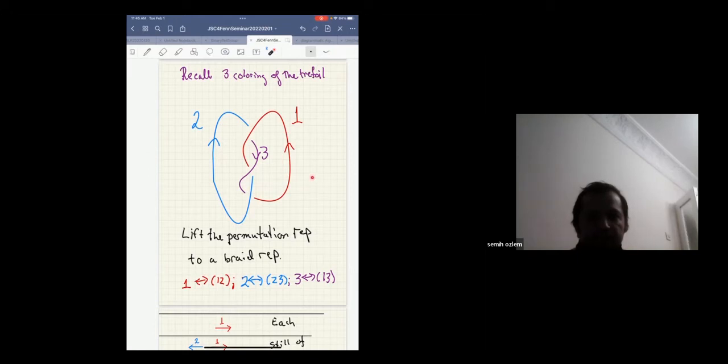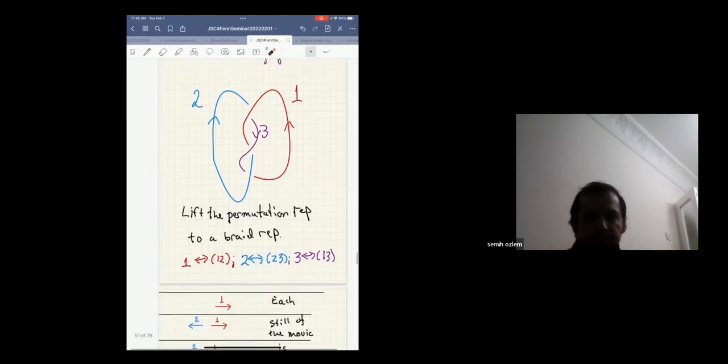And so this is actually a permutation representation of the fundamental group. So this is not the best notation, but we'll let 1 correspond to the transposition 1, 2, 2 correspond to the transposition 2, 3, and 3 correspond to the transposition 1, 3.